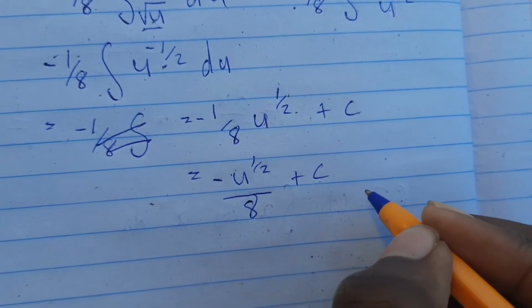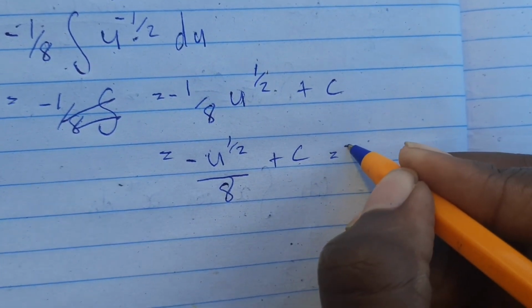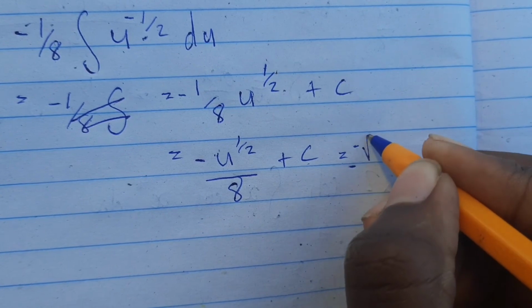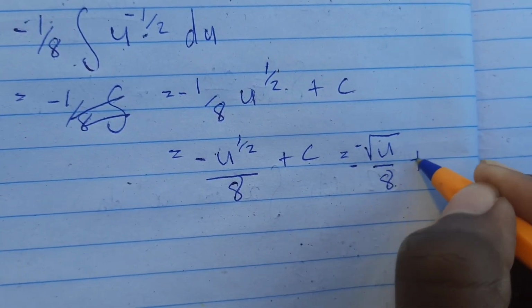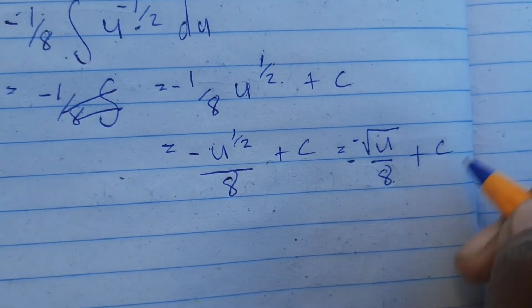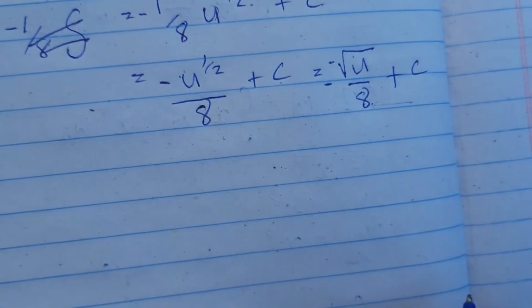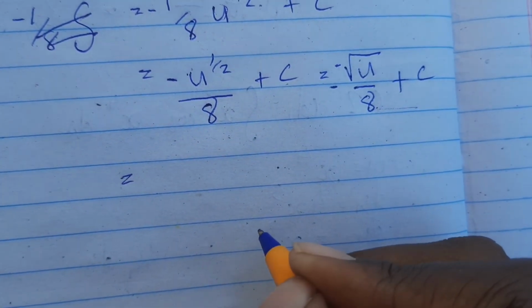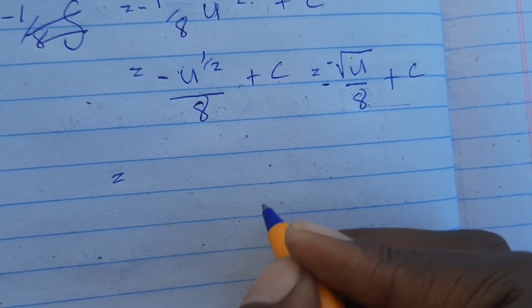So it can be this way, but I would advise you to write it this way, as the entire fraction is negative, so it's going to be negative square root of u over 8 plus c. I would honestly advise you to write it this way. For no particular reason, I feel like it's just more suitable. But if you choose the other way, then alright then.